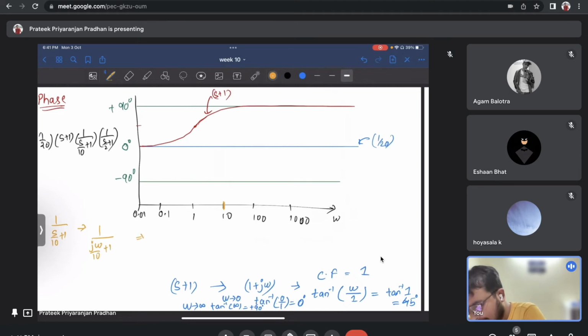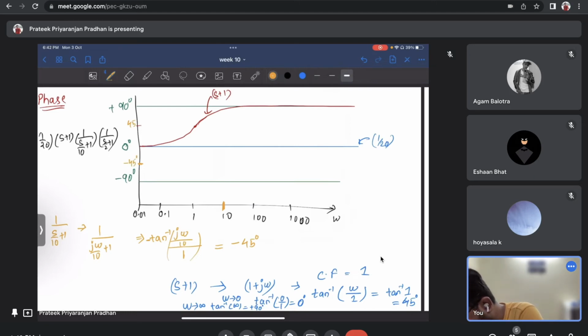So the angle will be negative tan inverse of j omega by 10 whole divided by 1. Negative is there because it's in the denominator. Then at omega is equal to 10, what is the angle? It is minus 45 degree.